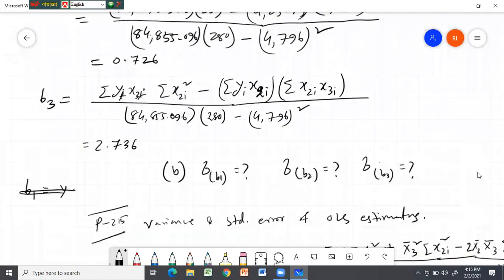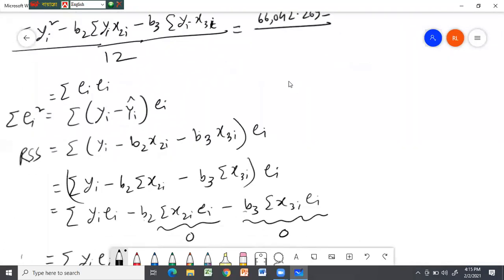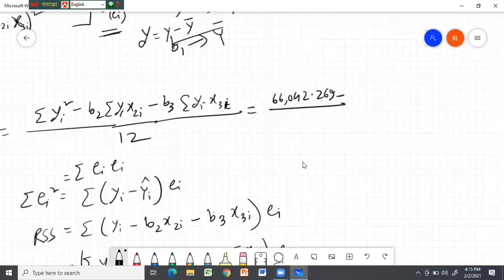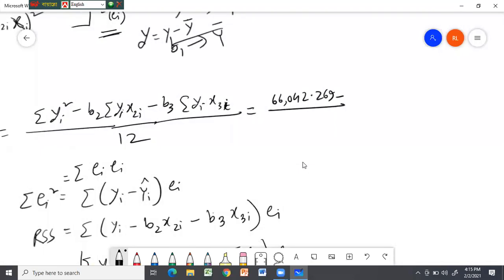Okay. And this will be multiplied with sum of yi into x2i, which was 74,778.346. Okay.